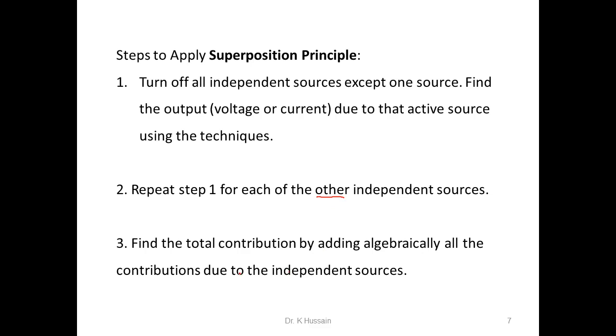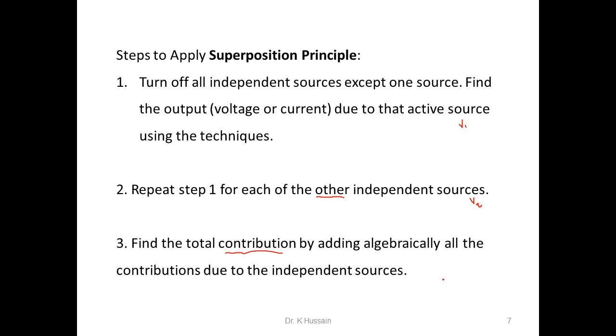Find the total contribution. The total value is found by adding algebraically all the contributions due to the independent sources. If you are taking two sources, one at a time, what is the value, either voltage or current? For example, the voltage is V1 for one source, and whatever value you get for the other is V2. The summation of these two is the value when you are applying both sources.